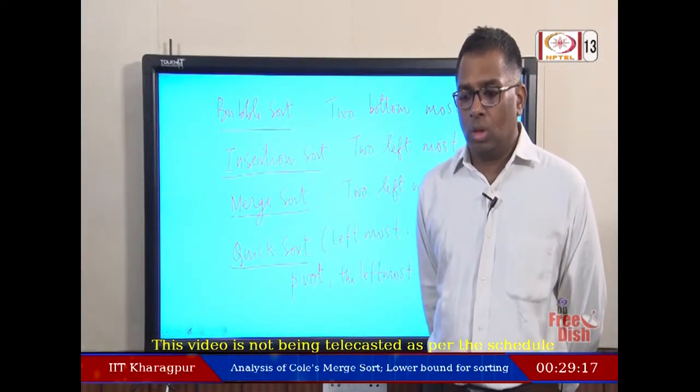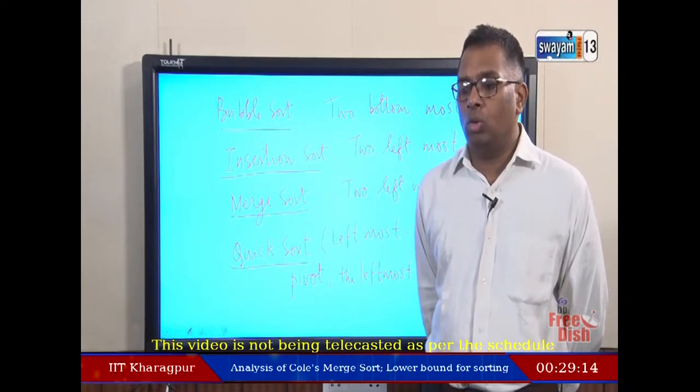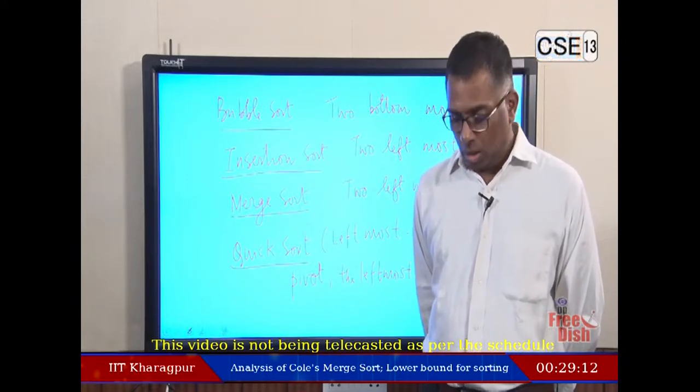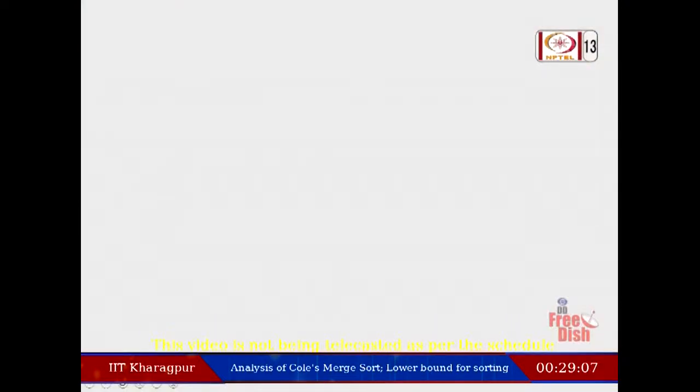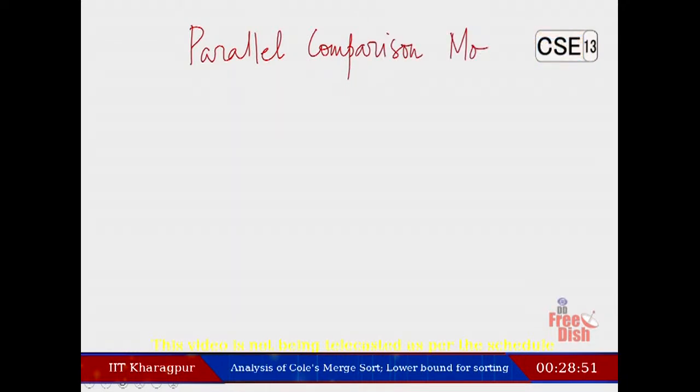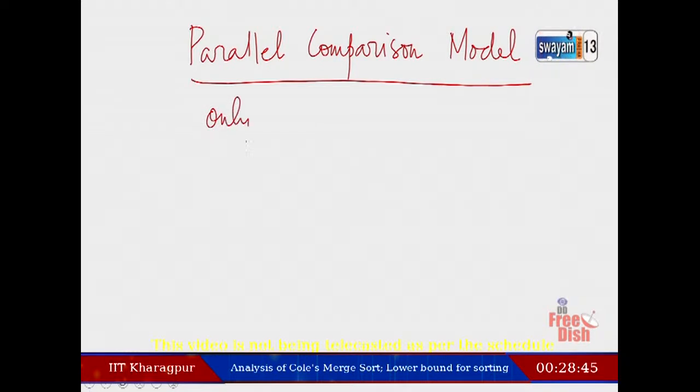Now this essentially gives us an idea about how the proof for the parallel sorting should be devised. To devise a lower bound for the parallel sorting algorithms, we introduce a model called the parallel comparison model. In the parallel comparison model, only comparisons count.